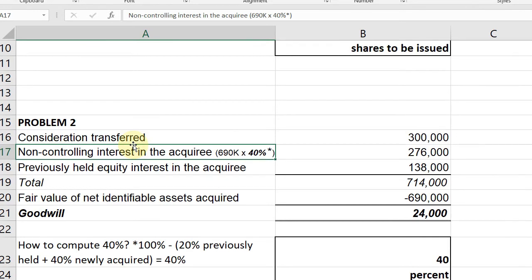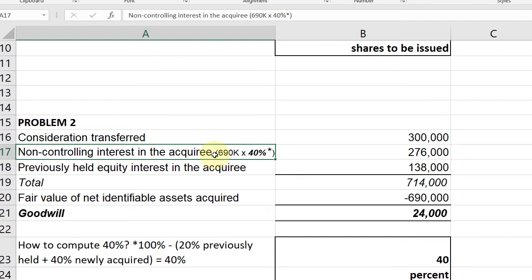Problem 2 tells you business combination achieved in stages. Okay, so anong maganda sa kanya? Naging subsidiary niya yung acquiree through continuous purchase ng interest. Okay, so let's compute first kung sabi sa problem, 20% daw yung acquired niya nung many years ago.